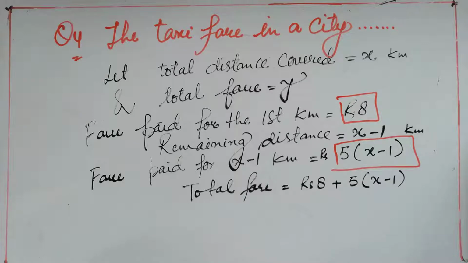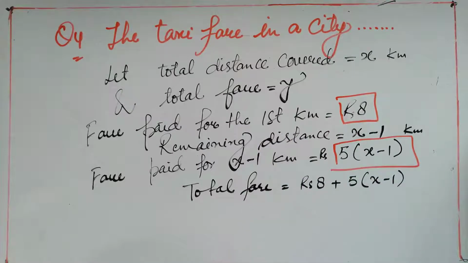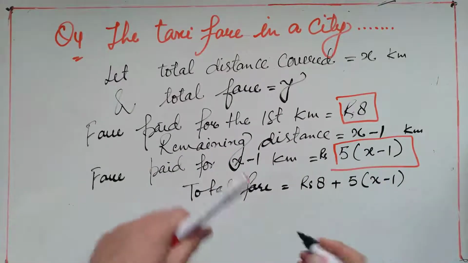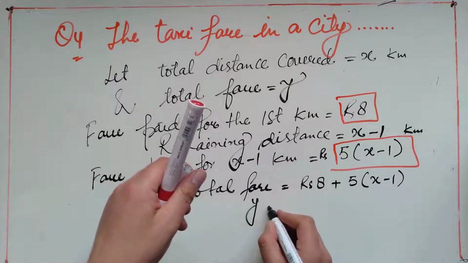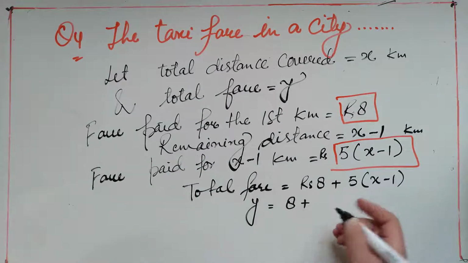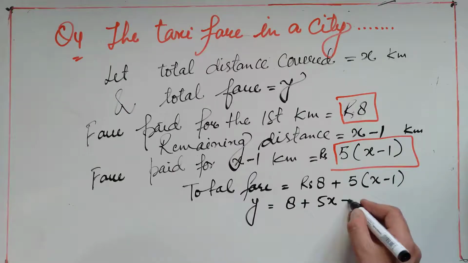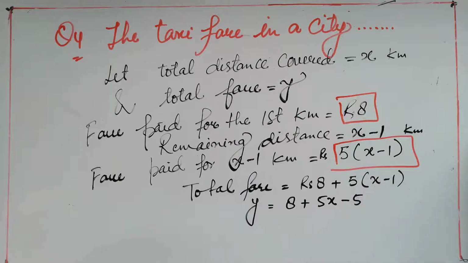Now as per the question, total fare is equal to y. It was given in the question, you have to assume total fare is y. So instead of total fare I can write y equals 8 plus 5 into x minus 1, which is 5x minus 5.